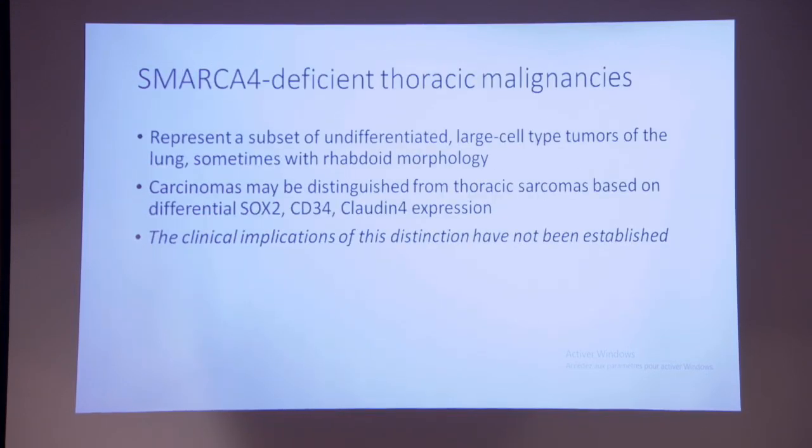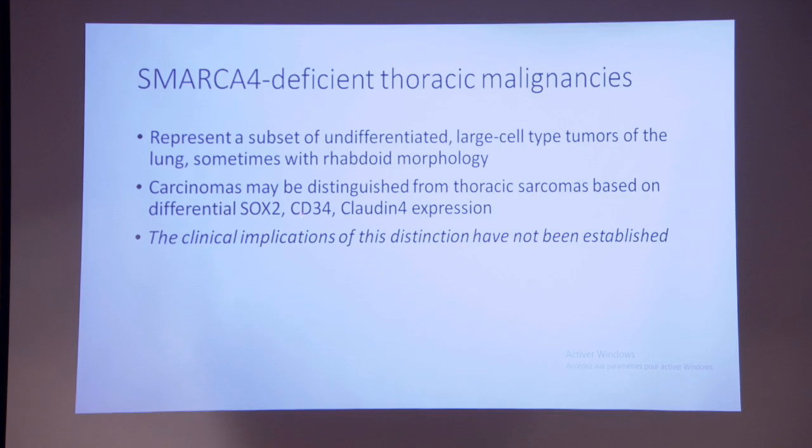So I think at this point, we are dealing with a question of what exactly comprises this spectrum of SMARCA4 deficient thoracic malignancies. It looks like this is a subset of undifferentiated large cell type tumors of the lung, some of which may have rhabdoid morphology, and probably helps to describe some of those tumors that existed in prior versions of the WHO classification, such as rhabdoid type non-small cell lung cancers.